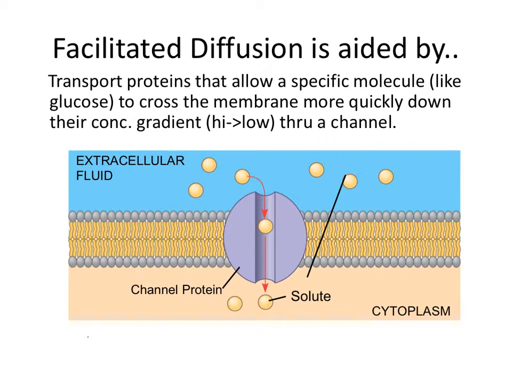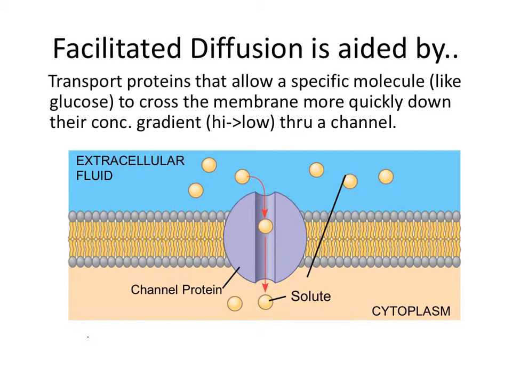So that was diffusion, regular diffusion. Facilitated diffusion happens when you have often something bigger that can't go through the cell membrane easily, and they allow one specific molecule to cross the membrane more quickly than it would if it just had to squeeze across the membrane.